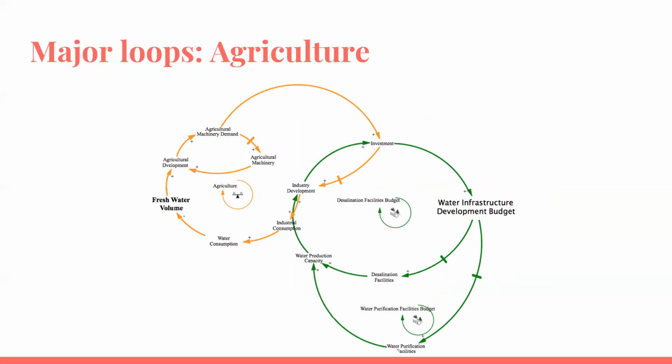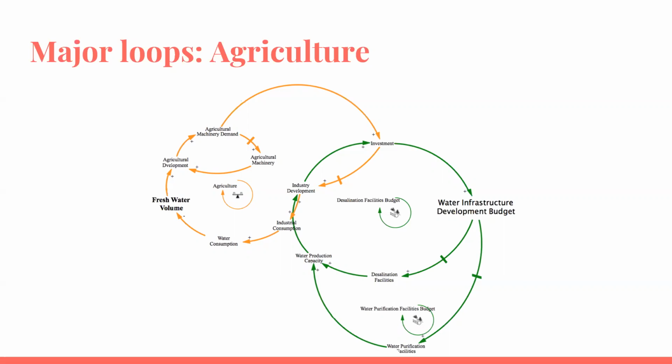In the second major loop, we have agriculture. For agriculture in an arid area such as Chabahar, the most important factor is having enough water.